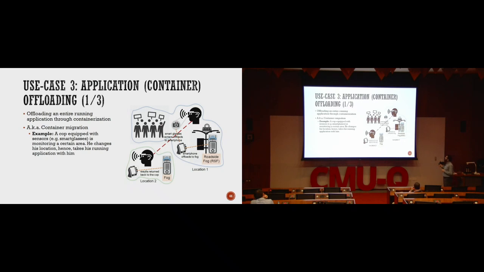In that case, the cop's data coming from the sensors to his or her phone, and then to the fog, should be migrated from this location to another location. This would be made possible through containerization, which is another form of task offloading. One form was data, the other form was computation, the third form is container.